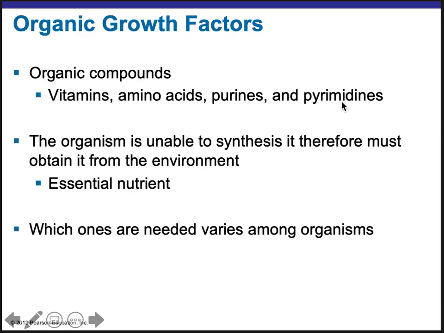Okay, organic growth factors would be things like vitamins, amino acids, purines, and pyrimidines. So what are purines and what are pyrimidines? They're the rings for your nitrogenous bases, so A, T, C, G. Purines are the big ring, and pyrimidines are the smaller ring, if you were to see the images of the nitrogenous bases.